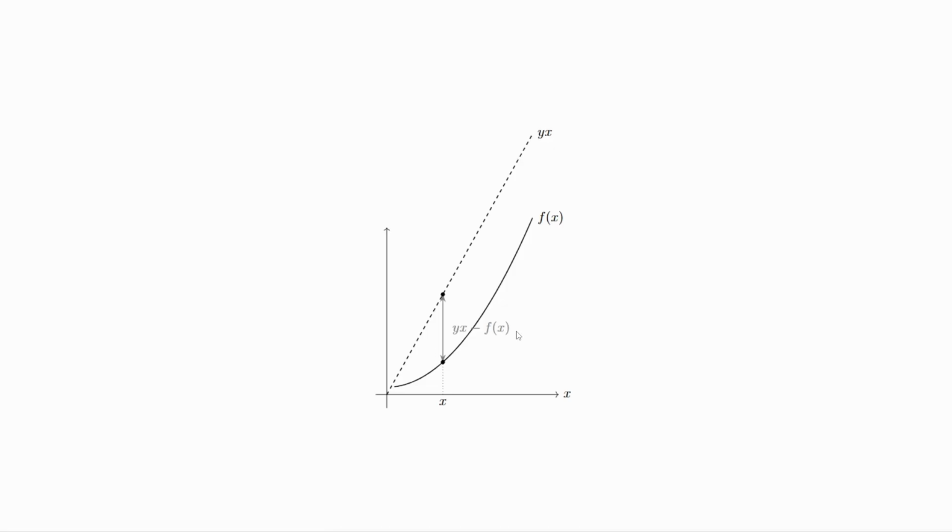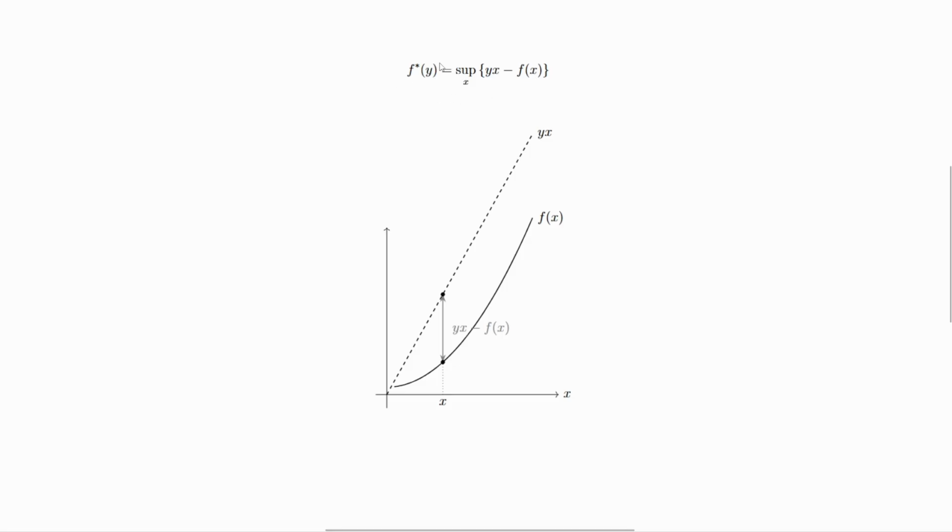The conjugate function, written f star of y, is just asking: what is the maximum possible gap over all x? How wide can this gap be? So the conjugate function f star of y is the supremum over x of the gap function, which is the difference y x minus f of x.